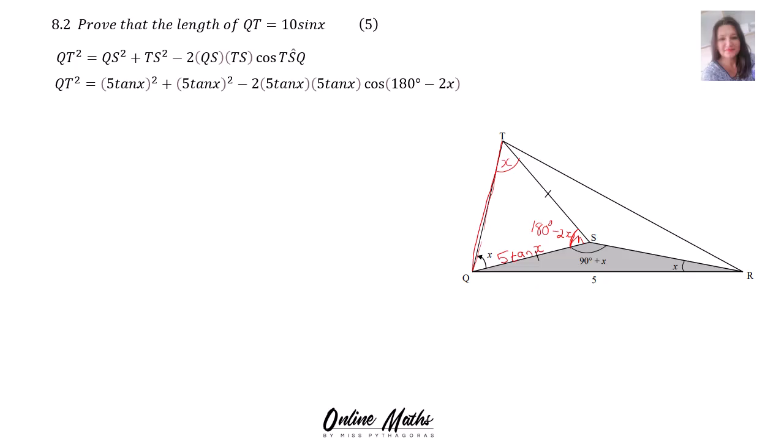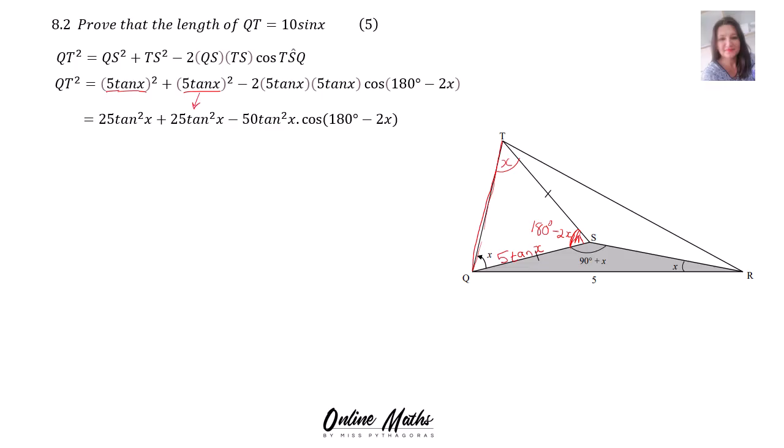So in TS's place, you also substitute 5 tan X, minus 2, 5 tan X, 5 tan X, cos 180 minus 2x for angle S there. And then in the next step, we're going to say 5 squared is 25 and tan X squared is tan squared X. So this one becomes 25 tan squared X, that one 25 tan squared X.